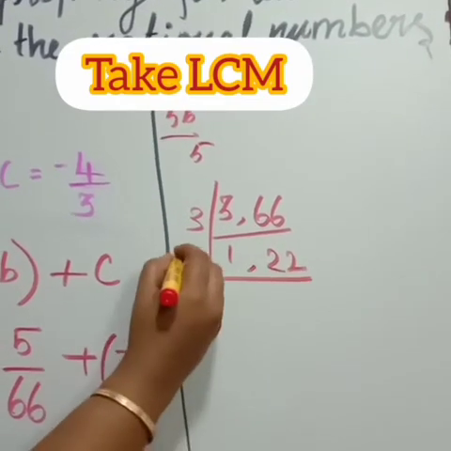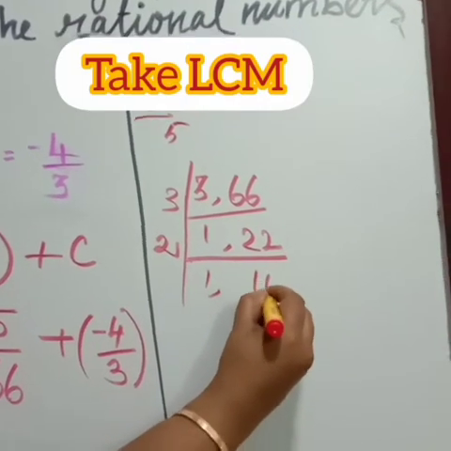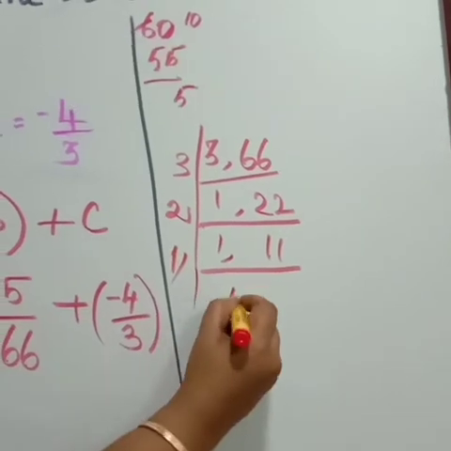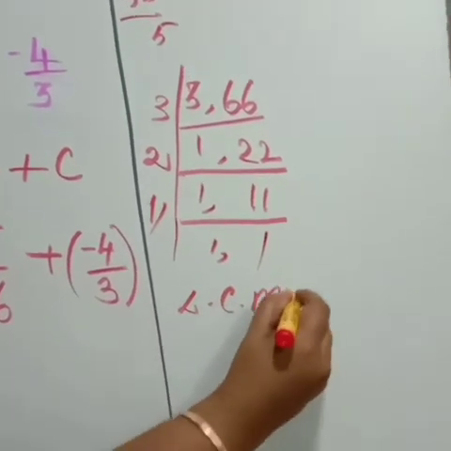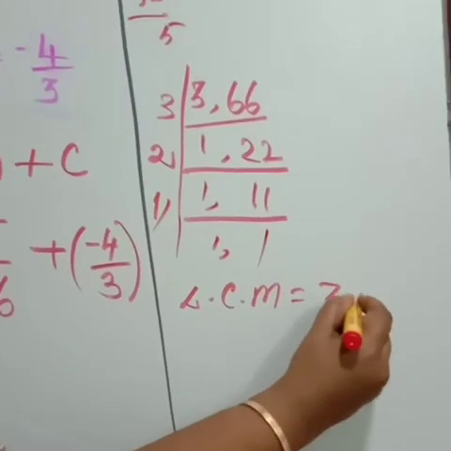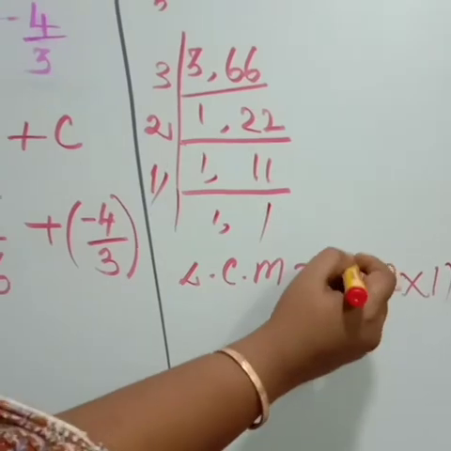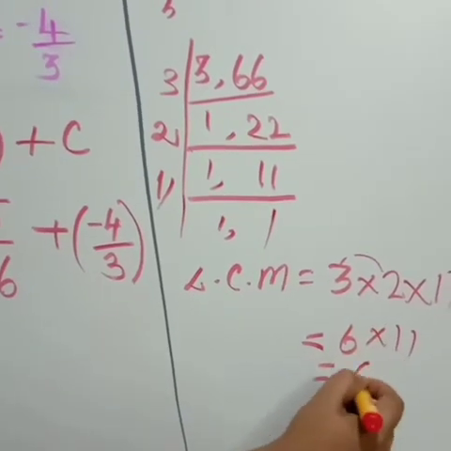Next this number is divisible by 2, so 1. 2 elevens are 22. Next this number is divisible by 11, so 1, 1. So what is the LCM? LCM is equal to 3 into 2 into 11. 3 twos are 6, so 6 into 11, 66.